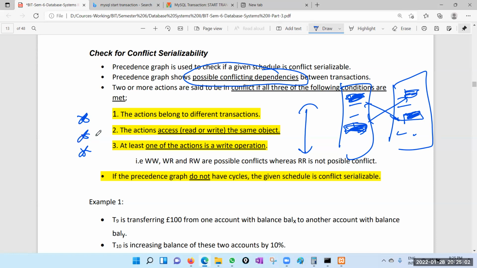Second one, the actions must work on the same record, the same data. Say this one is doing something on record 1, and this one, though it is in a different transaction, is making changes to record 2. Then it is not an issue.